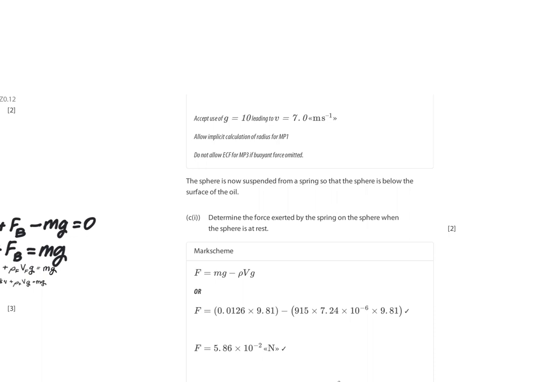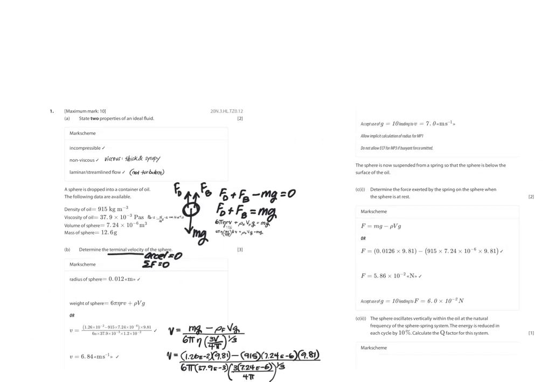All right, then it says the sphere is now suspended from a spring, so the sphere is below the surface of the oil. And that is CI. The problem implies that if the spring were not there, then the sphere would fall.